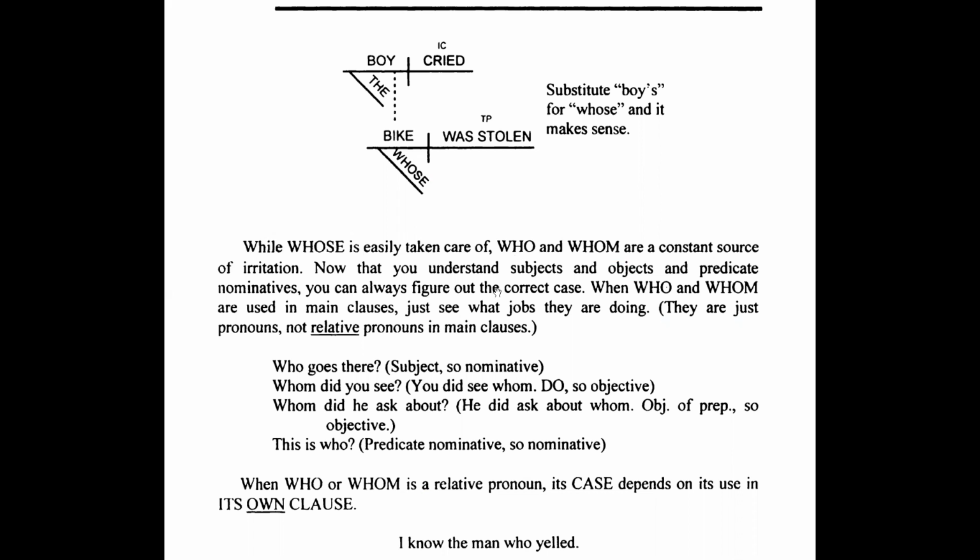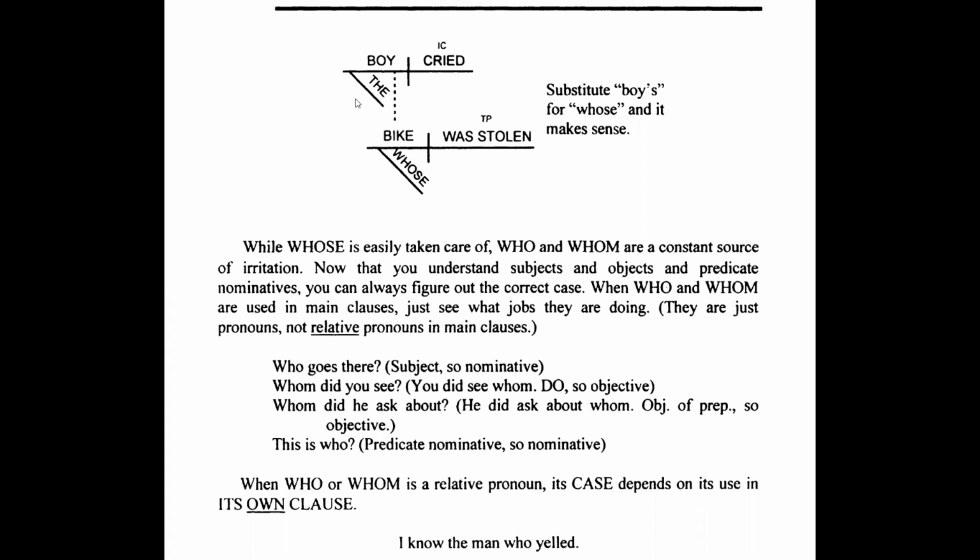When who and whom are used in main clauses, just see what jobs they are doing, right? So remember I mentioned, if you identify the relative pronoun, you'll be able to identify the adjective clause. But sometimes these pronouns, which are relative pronouns, are not being used in the beginning of adjective clauses.